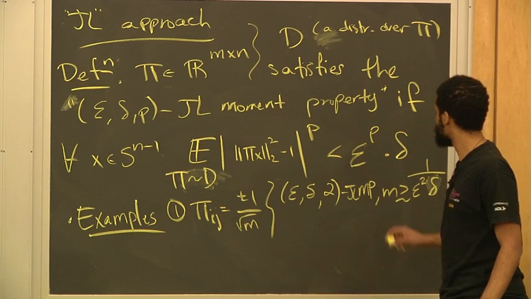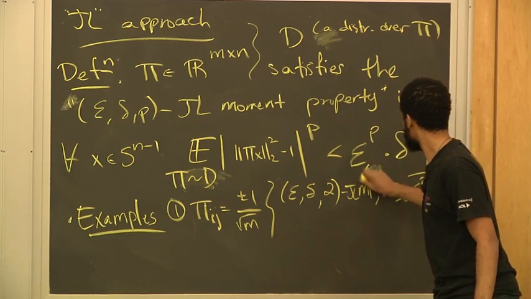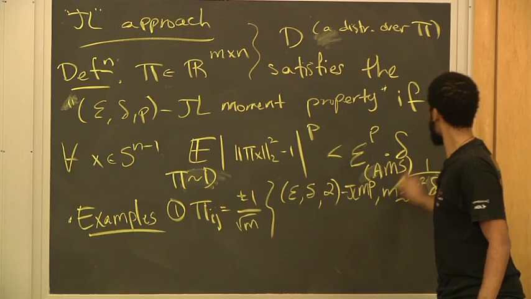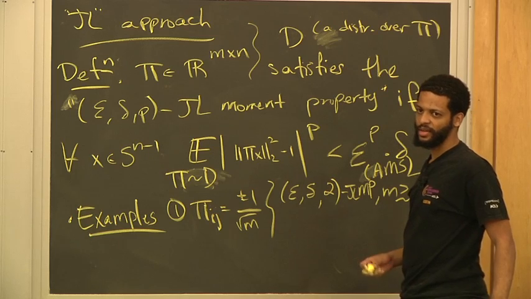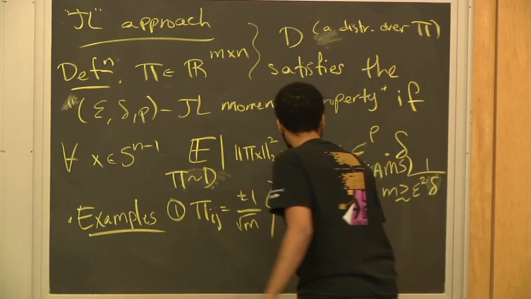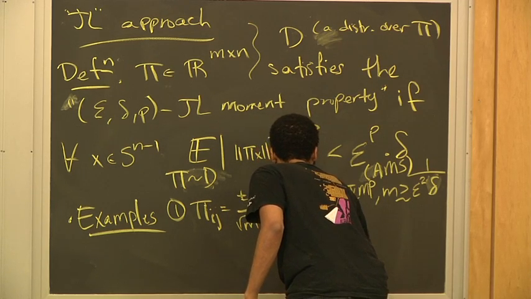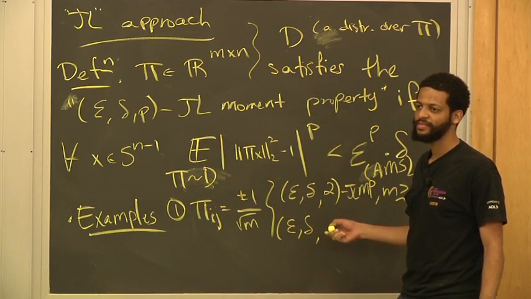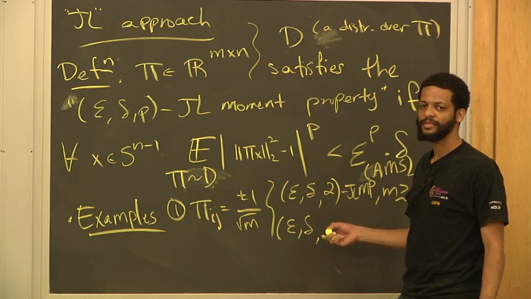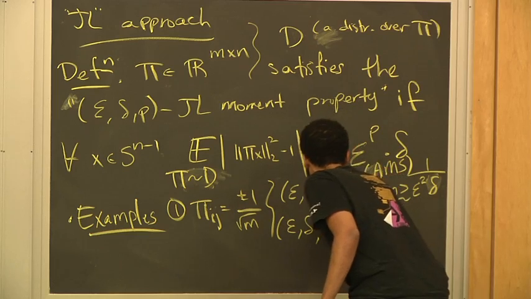So this is AMS. We also looked at it from the JL perspective, when we were analyzing JL, and we showed that we have the epsilon, delta property. Which moment was relevant for JL? Yeah, log 1 over delta, right?